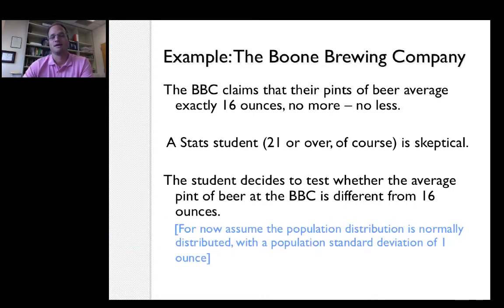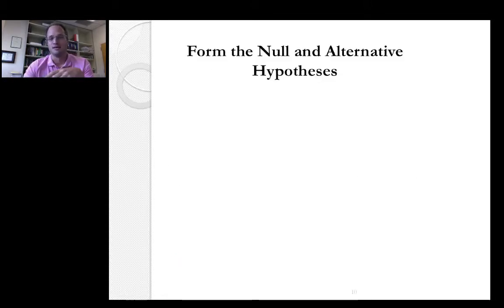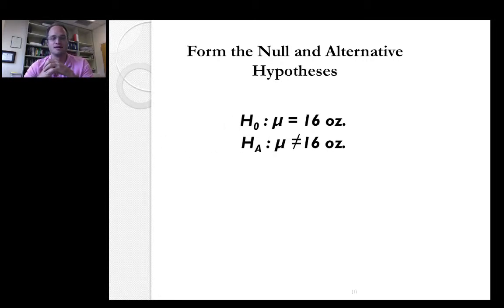For this particular example, because I want to do one where we know a population standard deviation and use Z, and one where we don't and we use T, we're going to know that the population is distributed normally and the population standard deviation is 1 ounce. That's going to allow us to use Z. The null and alternative hypotheses, very simply, you see that not equal to sign in the alternative.